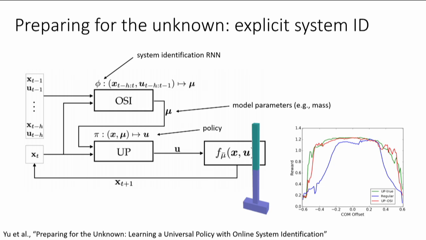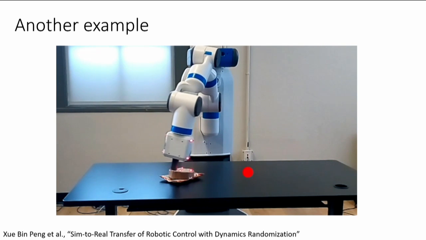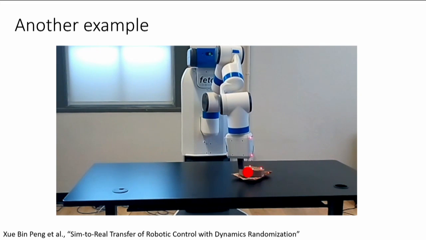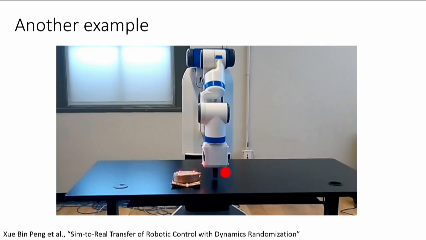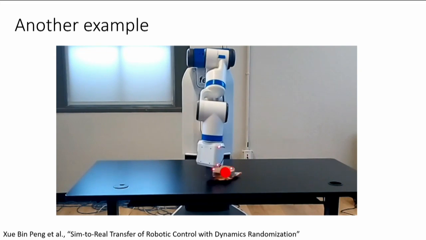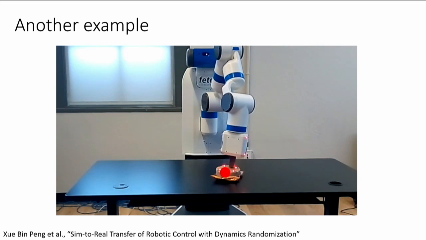It just outputs some RNN hidden state, and the whole thing is just optimized end-to-end on the reward on a large set of simulated training tasks. And then what they experiment with is whether you can train a robot to push this object across the table in different simulators, and then use this RNN approach to generalize to real-world robots. Okay, any questions about this kind of randomization and system identification idea?